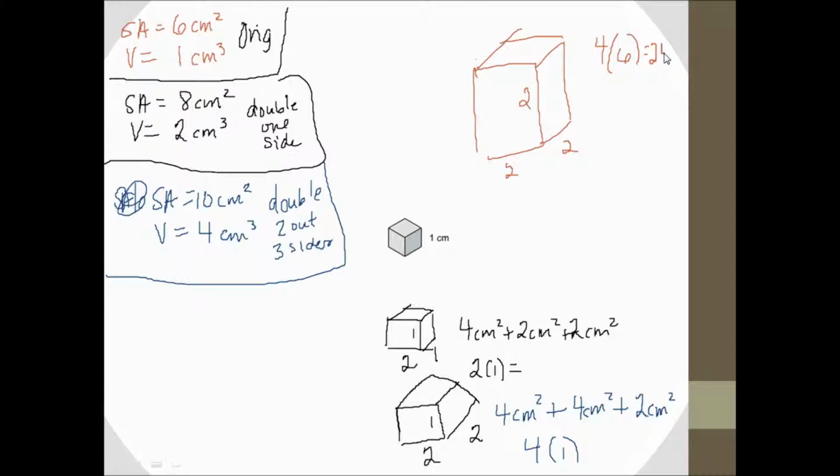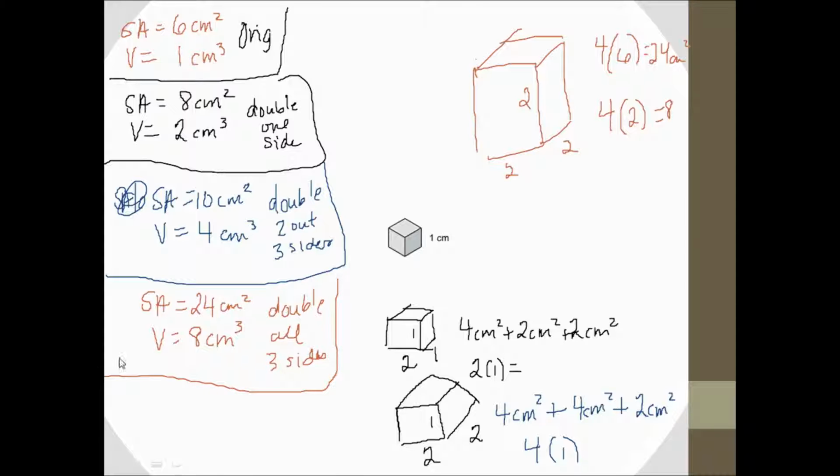That's going to give me 24 square centimeters. The volume is the area of the base, which is 4, times the height, so it's going to be 8 square centimeters. I'm sorry, 8 cubic centimeters. Alright, so we doubled all 3 sides. So let's look at the pattern.